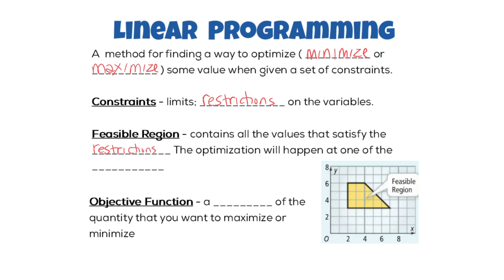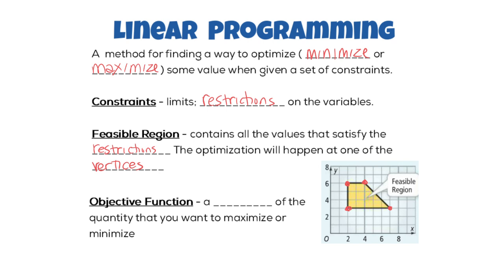But more importantly, the optimization that I'm looking at will always happen at one of the vertices of your feasible region. So not only am I going to have these restrictions given to me, there is also going to be an objective function.